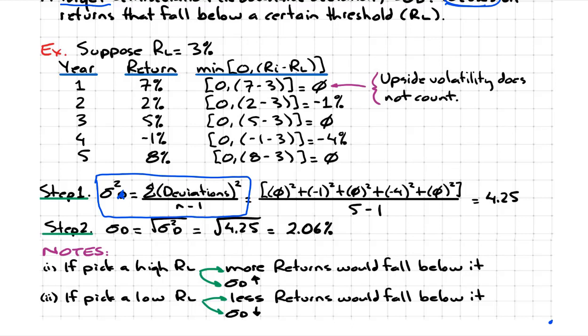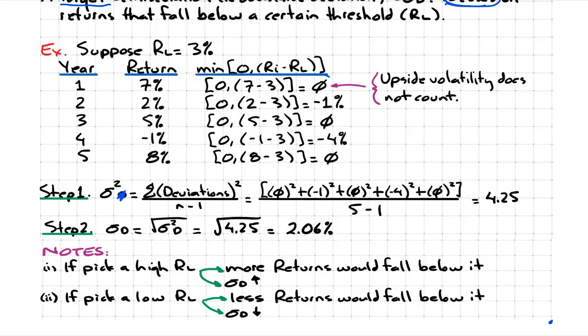In other words, we look at the sum of the squares of the deviations and divide it by n minus 1. The only difference is with standard deviation, you look at the deviations of all the observations. But with target semi-deviation, we will only be looking at the downside deviations.